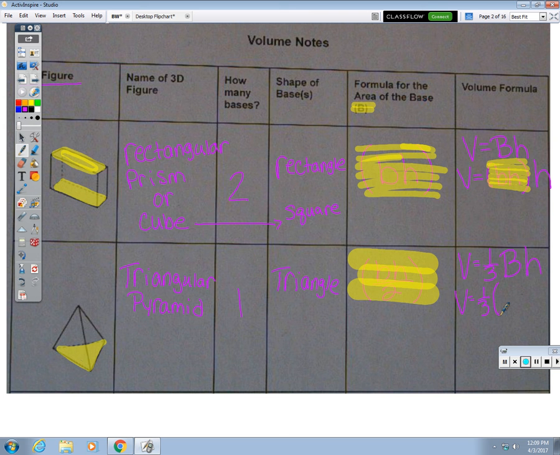And then in parentheses, I'm going to do base times height divided by 2. That's coming from right here. Close my parentheses times the height of the pyramid. And I'm going to highlight the area of my base.